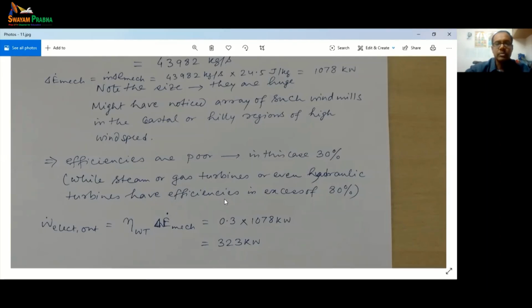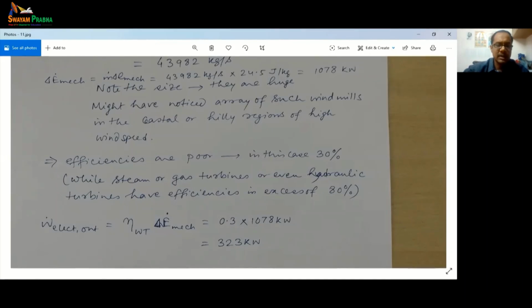But wind turbines are less efficient because you have a very small area of intersection, which you learn in fluid mechanics. I am not going to discuss here why the efficiency is so low, but just note that wind turbines are poor in efficiency.